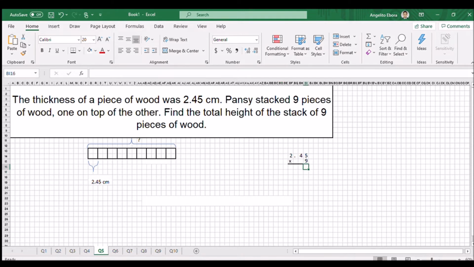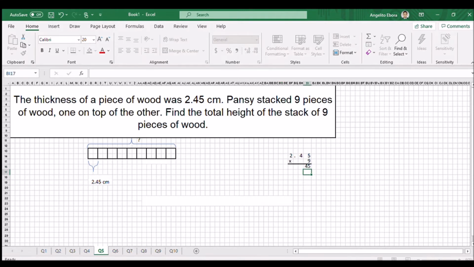So we have to regroup. We cannot write 45 in one decimal place, so we have to regroup 4 and 5. We'll leave 5 there and then put 4 on top of the tenths place.